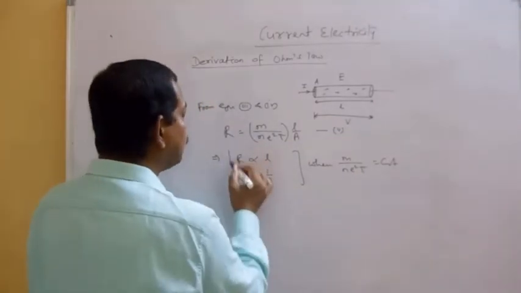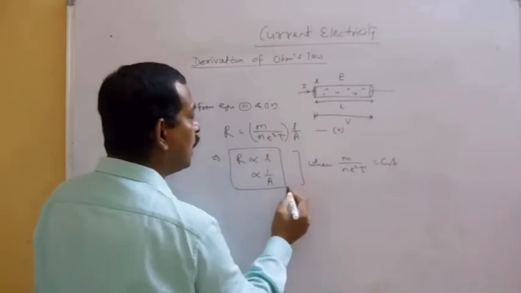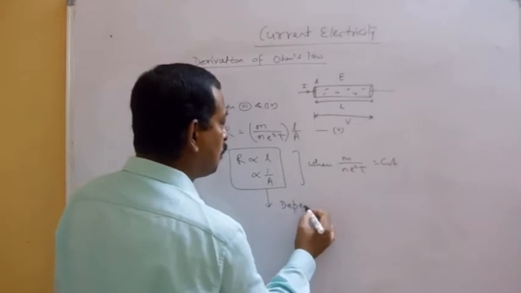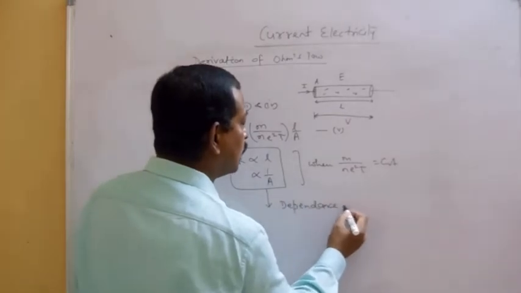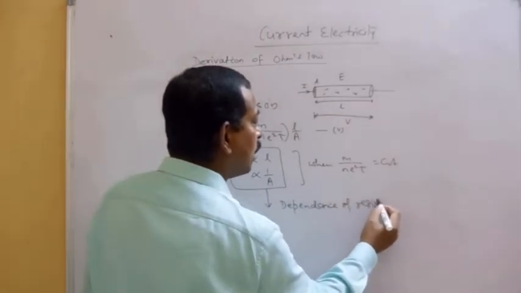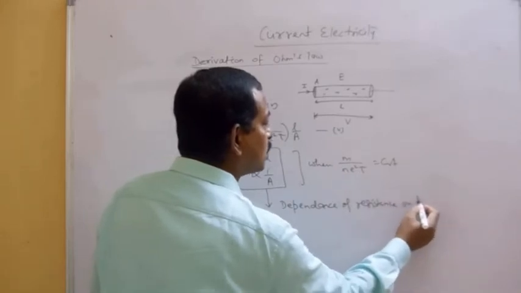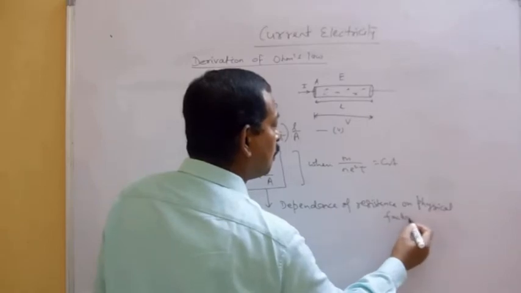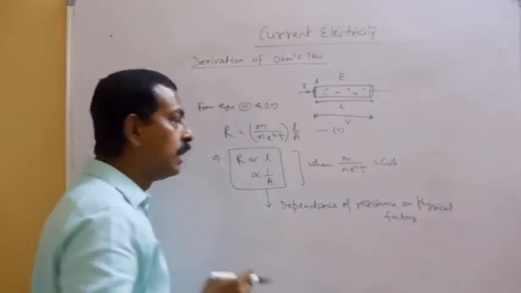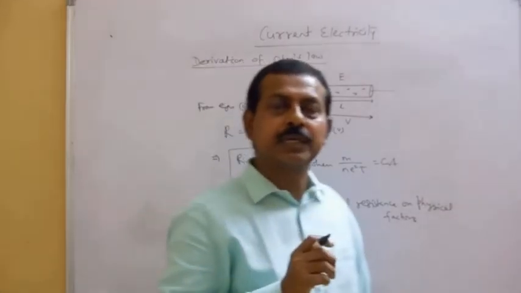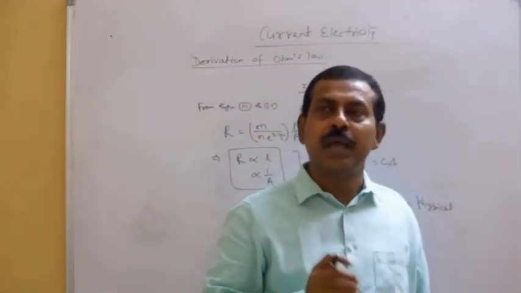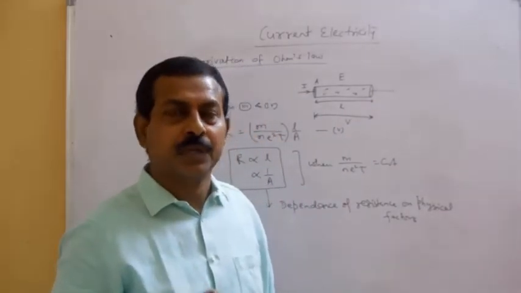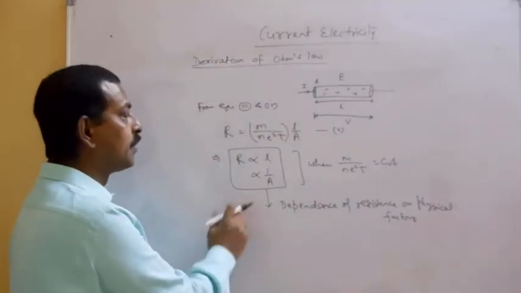This is the dependence of resistance on physical factors. That is, the resistance of a conductor is directly proportional to its length and inversely proportional to its area of cross section. So this is the relation which we get.